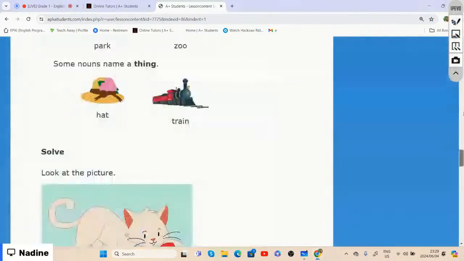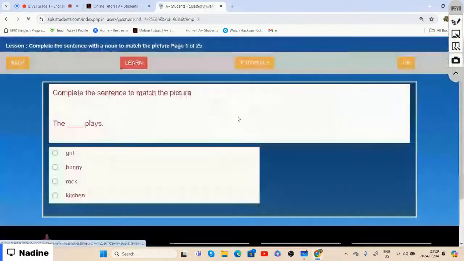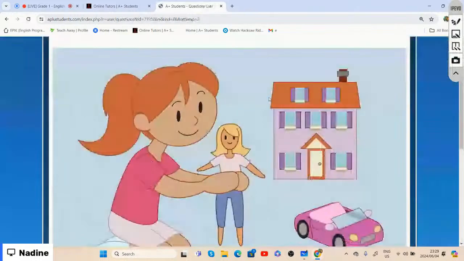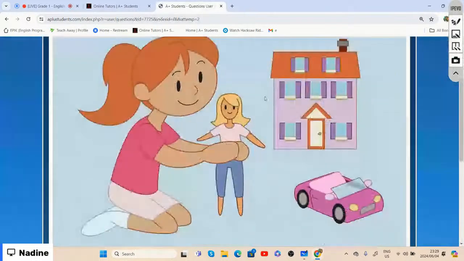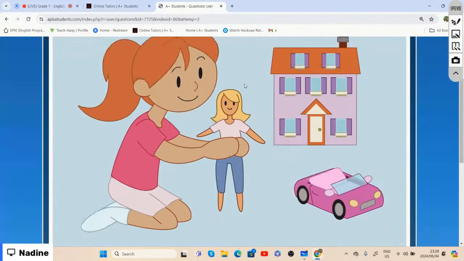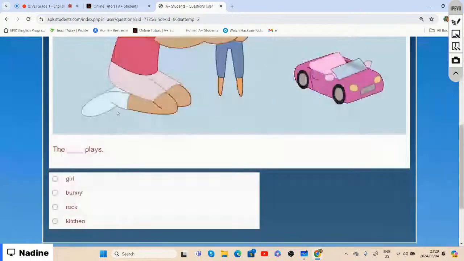Now let's go to our test, all right? Where we are going to complete the sentence with the noun to match the picture. All right, so if we look at the picture, right, it says the ___ plays.